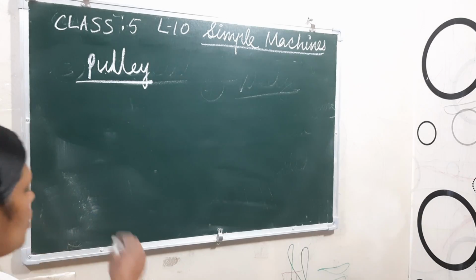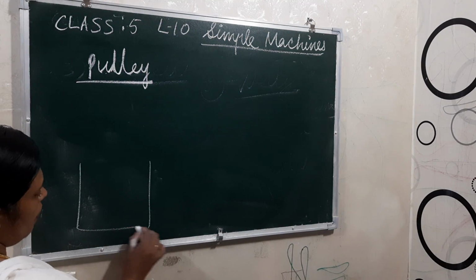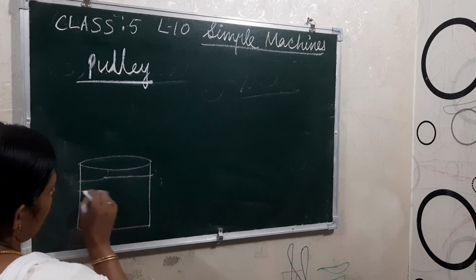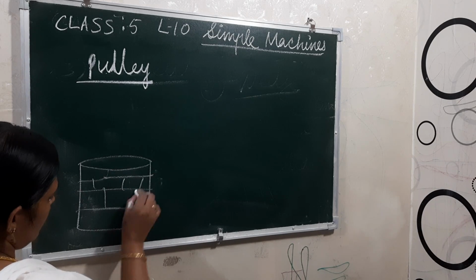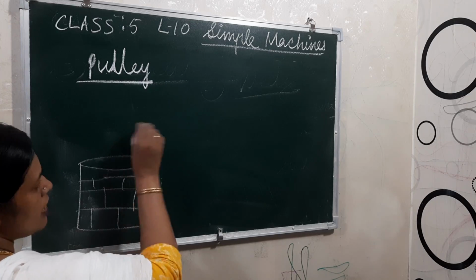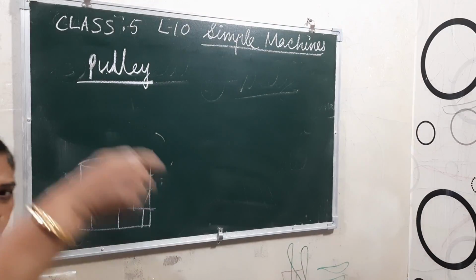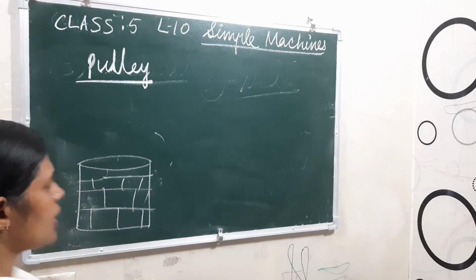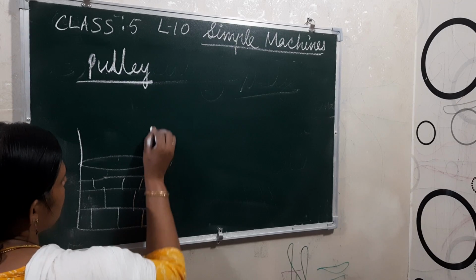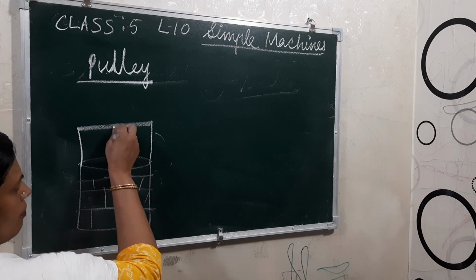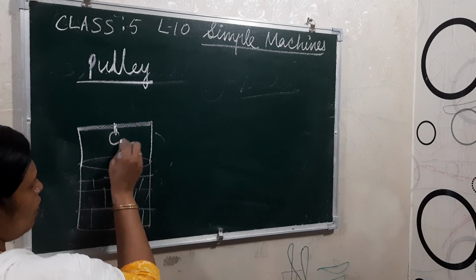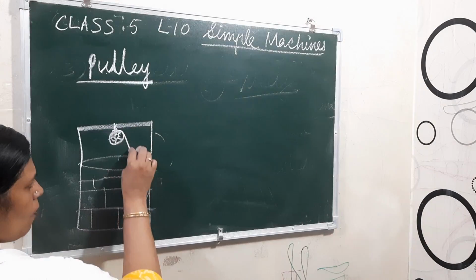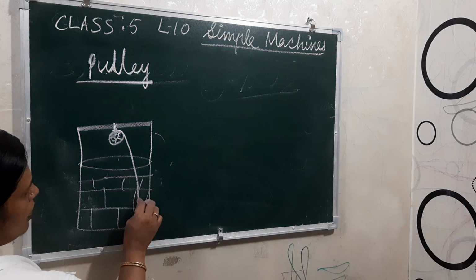So if it is the well, from there the water is brought out. If you pull the rope by hand, it will be very difficult and you will tire easily. So they attach one stand, and from there they keep this pulley, and the rope goes through that pulley.